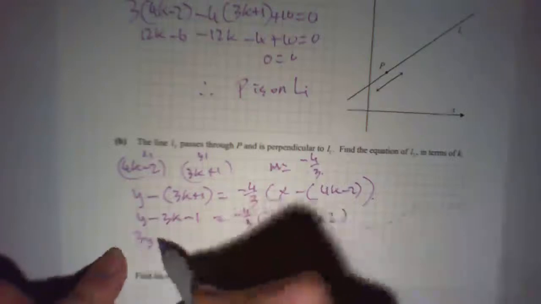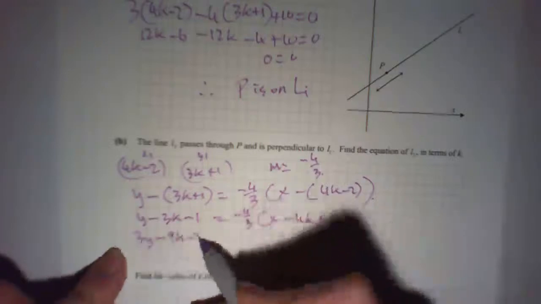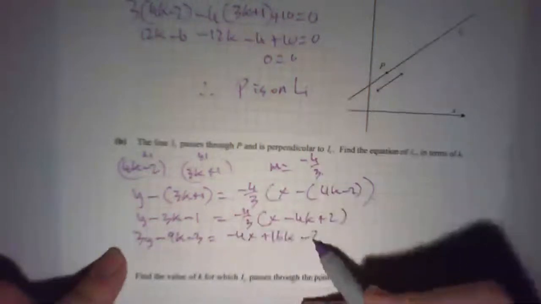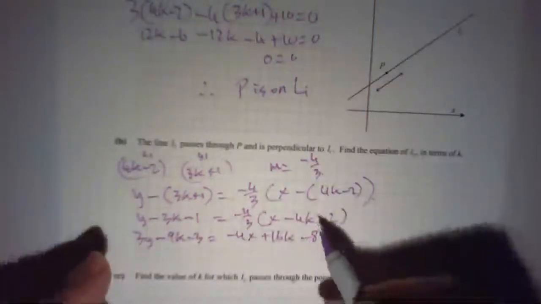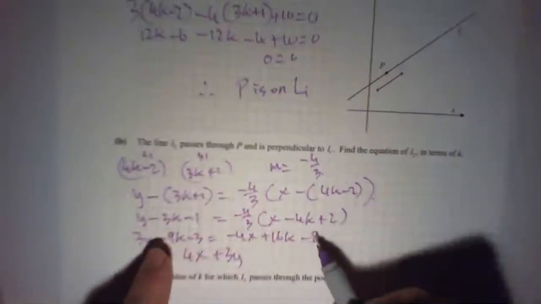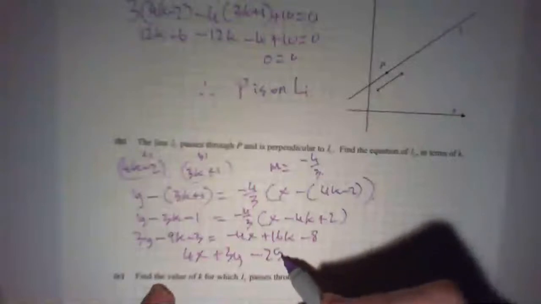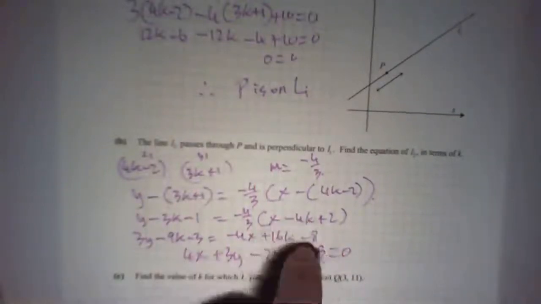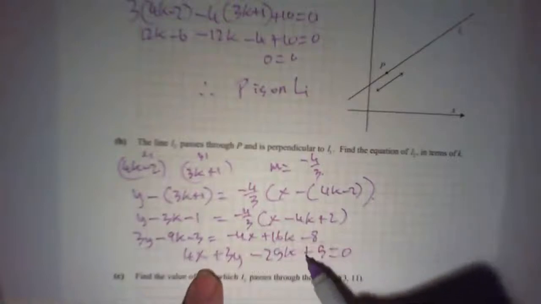Now, 3y minus 9k minus 3 is equal to minus 4x plus 16k minus 8. Let's bring it all together. That's going to be 4x plus 3y minus 25k plus 5 equals 0. There you go. There's the answer in terms of k.